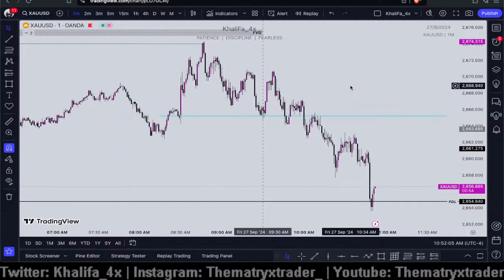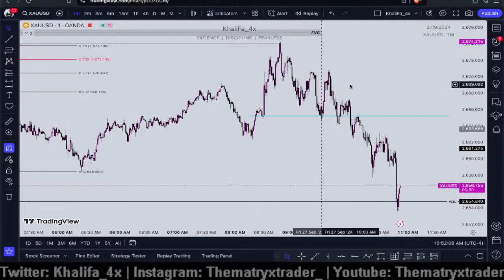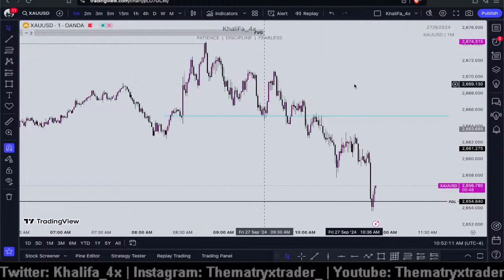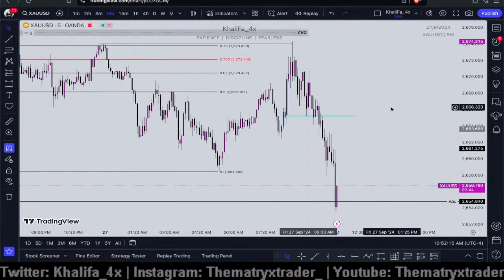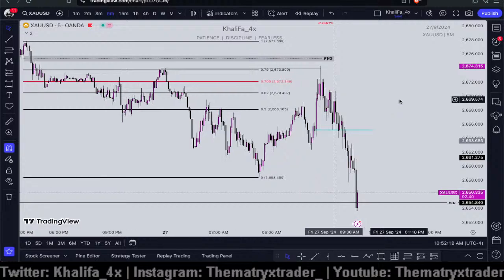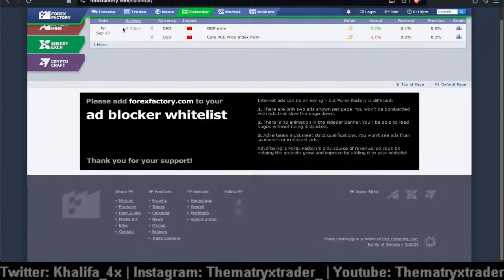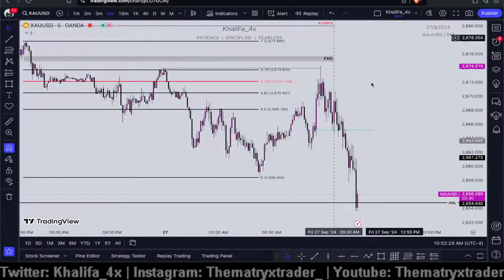Alright. When I just came to my desk, the news had just come at 5:30, and the price was right at this point, the 79 retracement level.